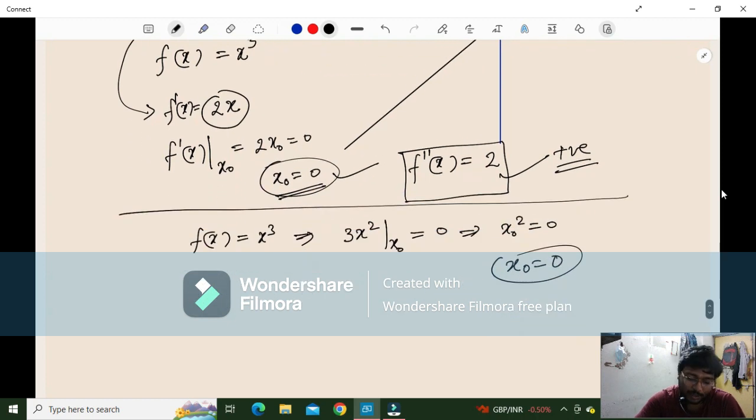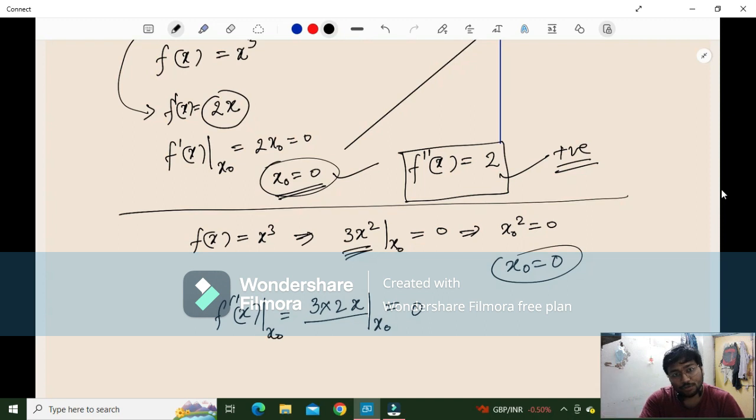Let us check the second derivative. So 3 times 2x, this is the second derivative at x naught, and this is the first derivative. If we check the second derivative at x naught equals 0, the second derivative also comes to 0.